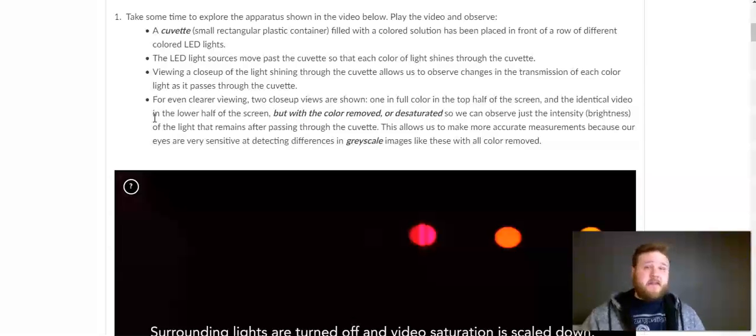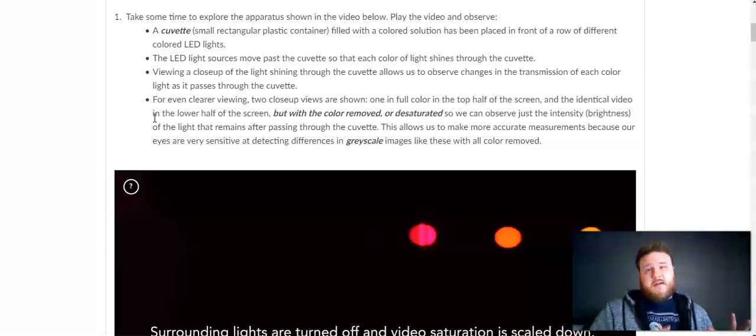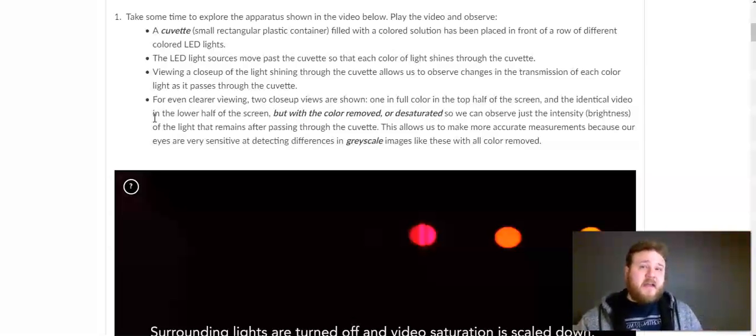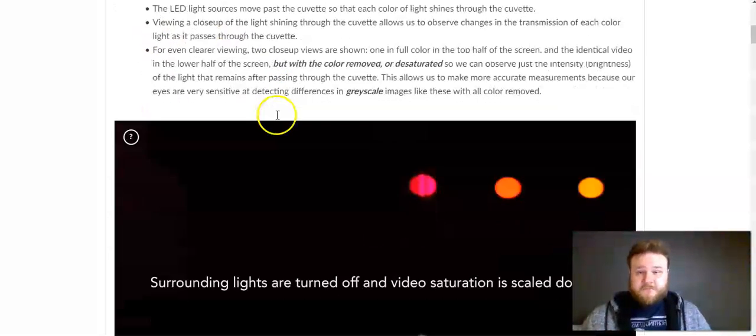If it was a red light, we would have to think, is that red light really bright or is it dim? It's hard to tell when it's a colored light. But when we take away the color and make it grayscale, it's a lot easier to tell. That's one of the perks of Pivot as opposed to doing it in a lab. With Pivot, we can make it a video, and they already made the grayscale for us, so that can easily be determined.